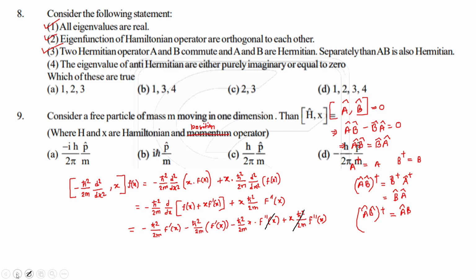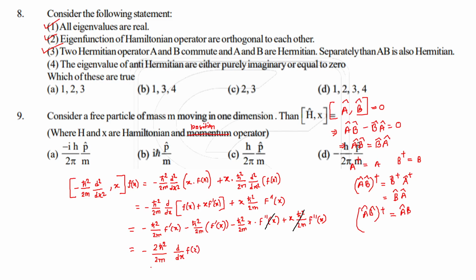So actually we are left with minus 2h square by 2m f dash x. So I can write it also as d of dx f of x, right?